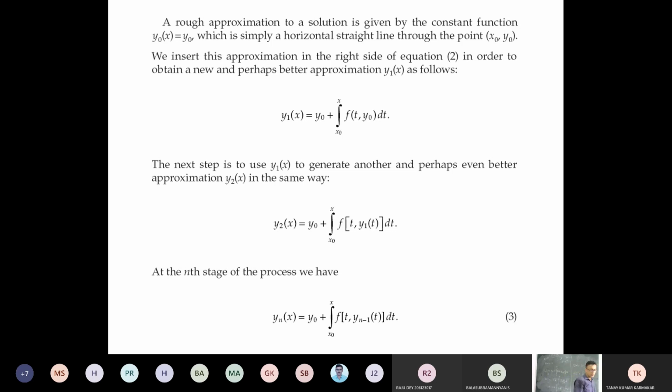So maybe in tomorrow's class, we are going to work out one more example, and then tomorrow I'm going to talk about uniform convergence and its significance in terms of the proof of Picard's existence and uniqueness theorem that I'm going to explain. And only after that, we are going to formally embark on the existence and uniqueness theorem.